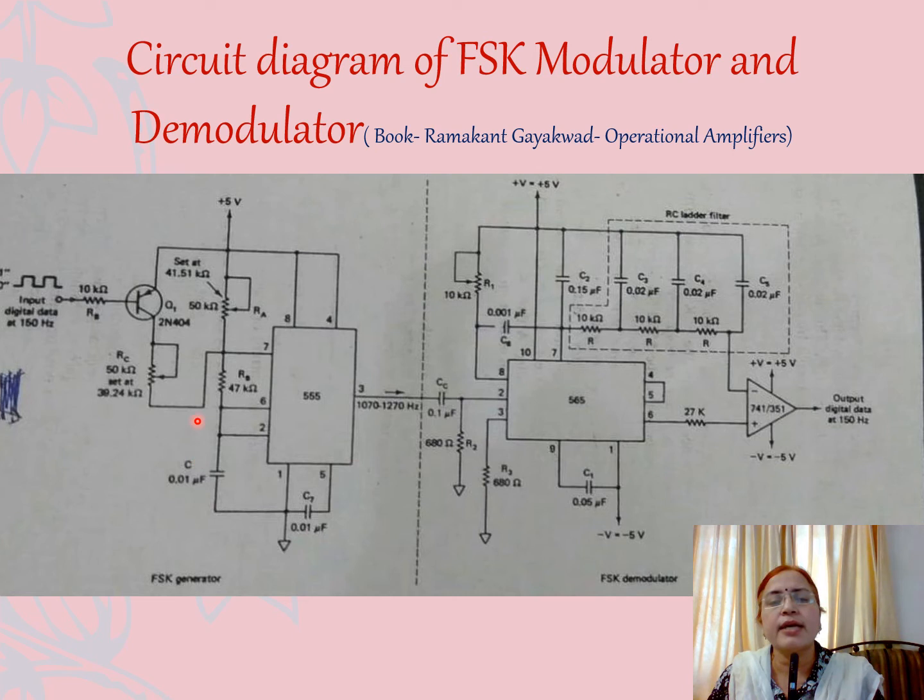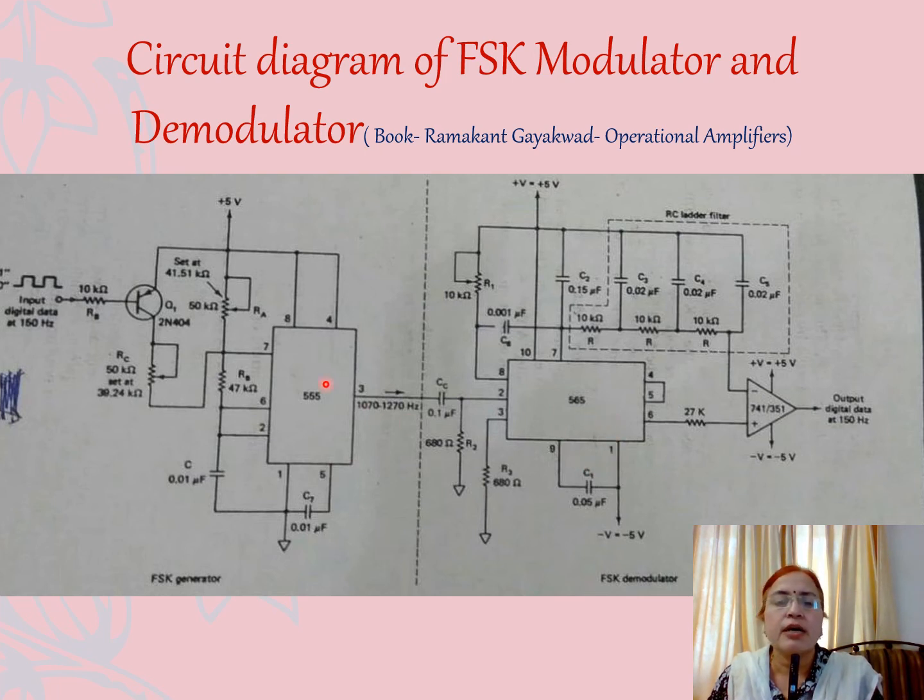Here is the circuit diagram for the FSK modulator and demodulator, and in total you can say the modem of our project. The FSK modulator is constructed using IC 555 in astable mode, and here is the FSK demodulator constructed using IC 565.